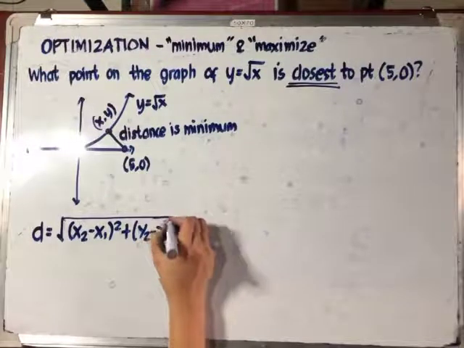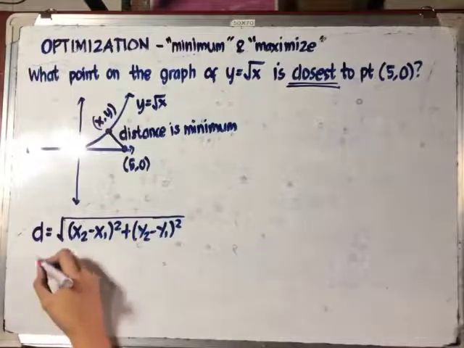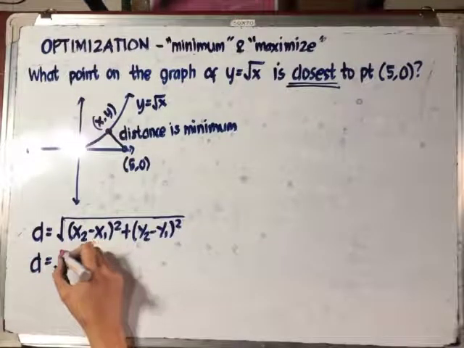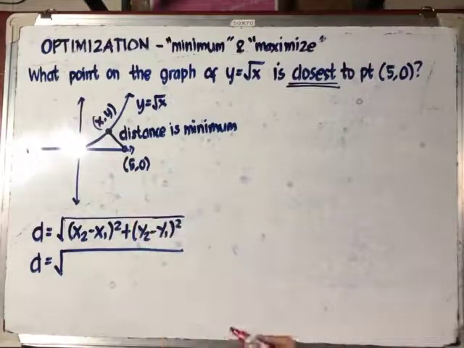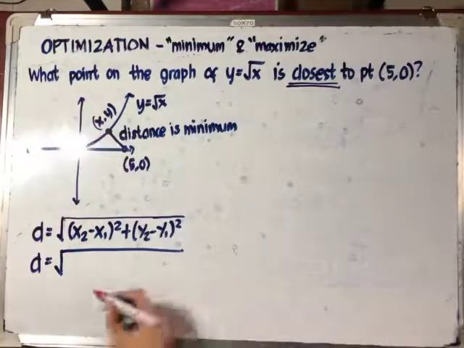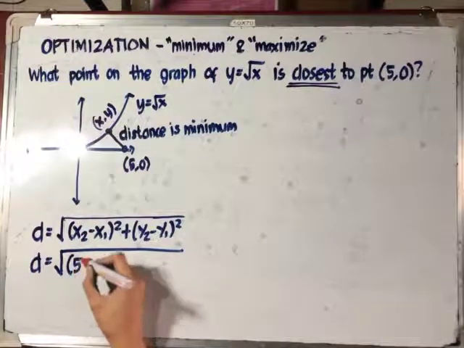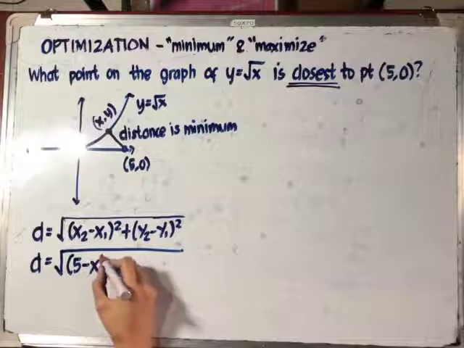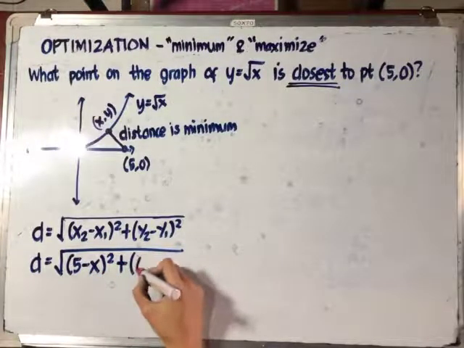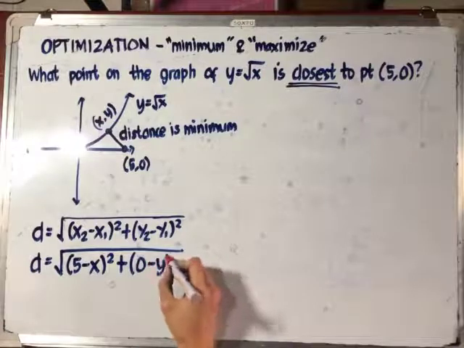Let's say point 2 is this (5, 0), and point 1 is (x, y). So we have 5 minus x squared plus 0 minus y squared.